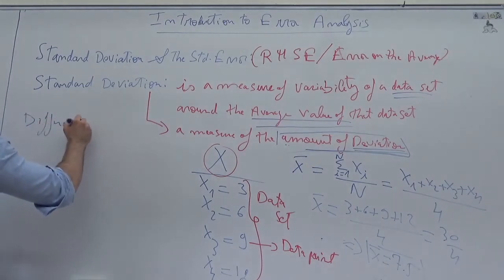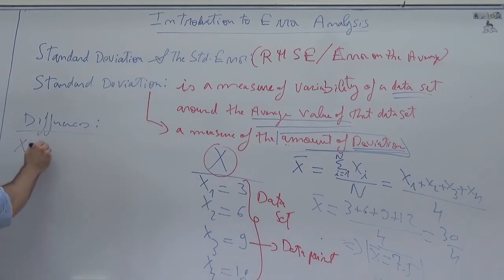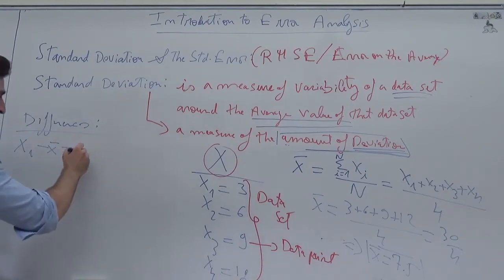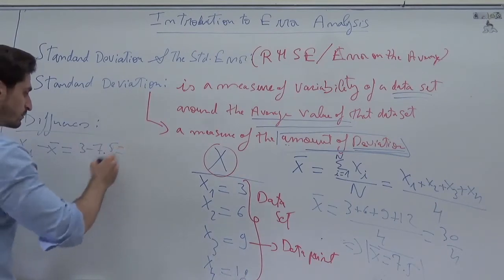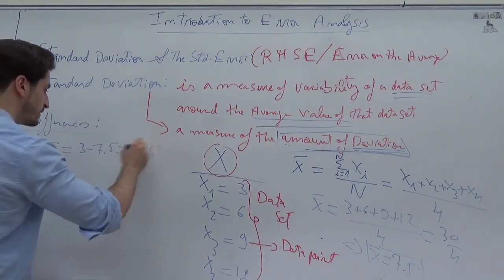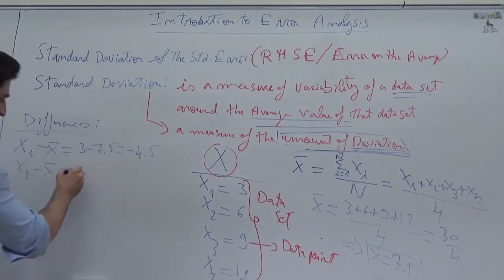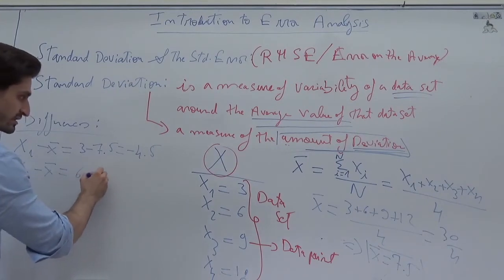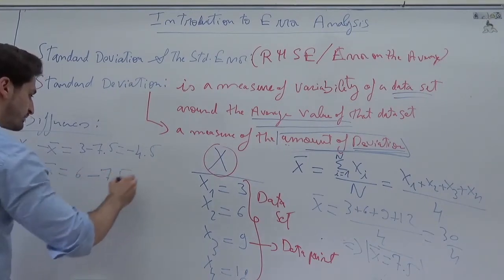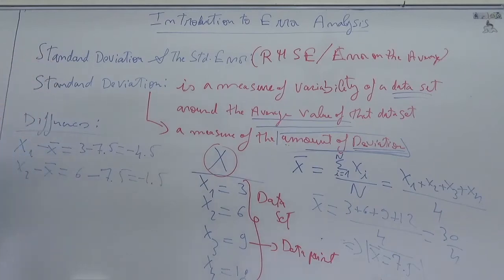Over here, we are going to be writing down the differences. We start with x1 minus x bar, which is equal to 3 minus 7.5, which is equal to minus 4.5. Then you have x2 minus x bar, which is equal to 6 minus 7.5, which is equal to minus 1.5.